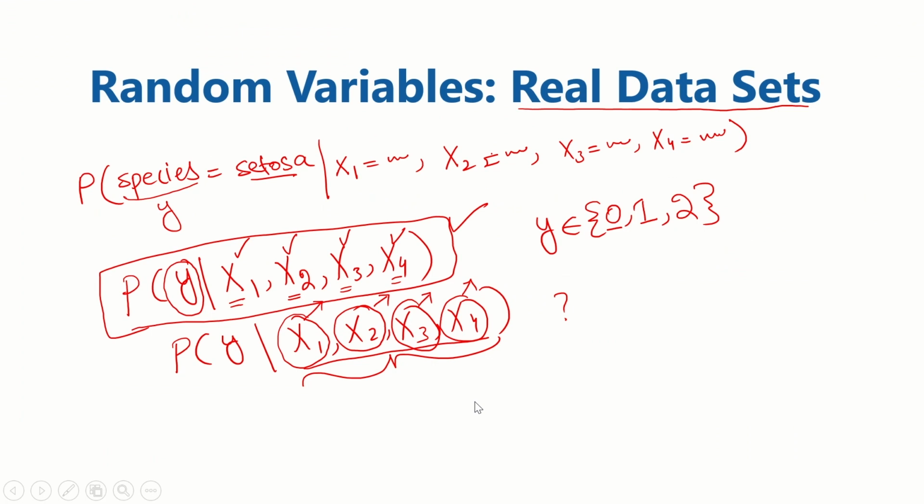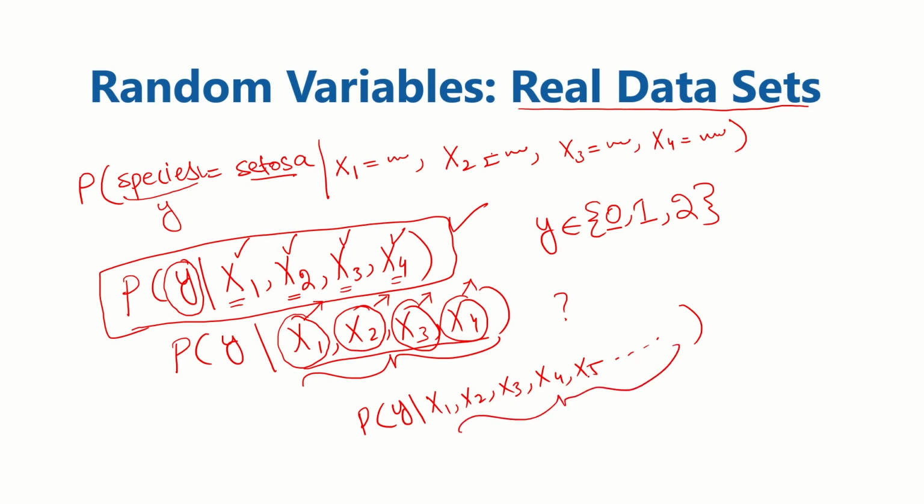In this paradigm, if y represents the survival, then our goal is to build a PMF or probability model of y given x1, x2, x3, x4, x5, and so on. And these are several random variables.